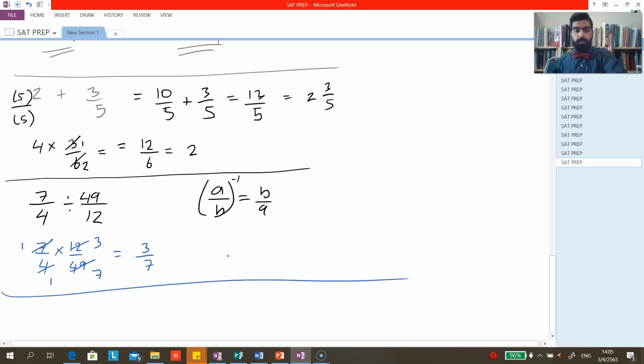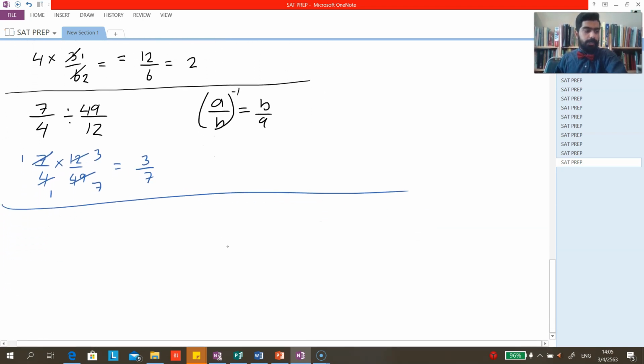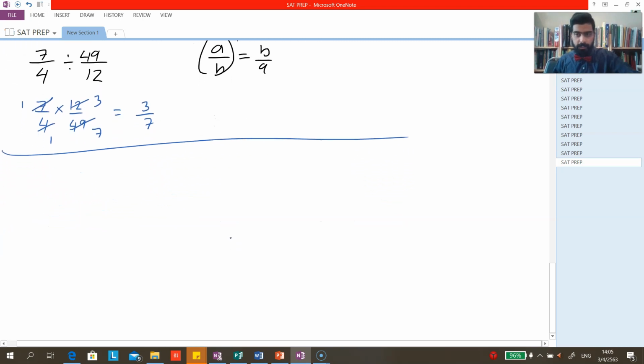Alright, now let us go a little bit into equations, simple linear equations. Let's say I have the equation 3 over 4 plus x is equal to 7 over 8. Now in this case, if we take a look at the denominator, we see that there's a constant and there is a variable.